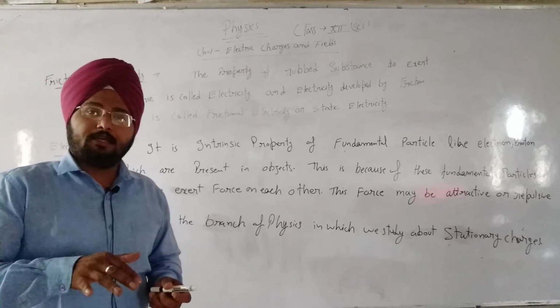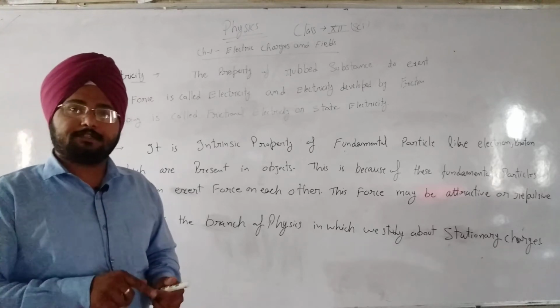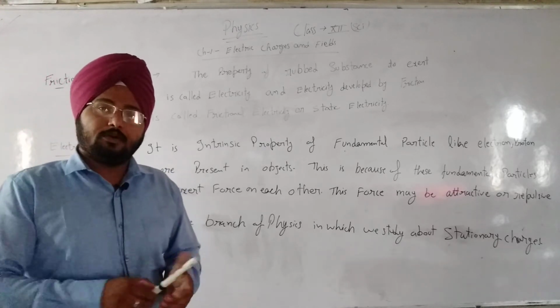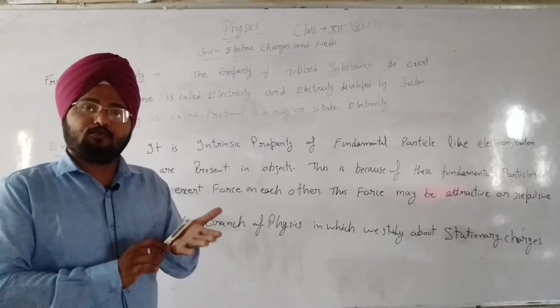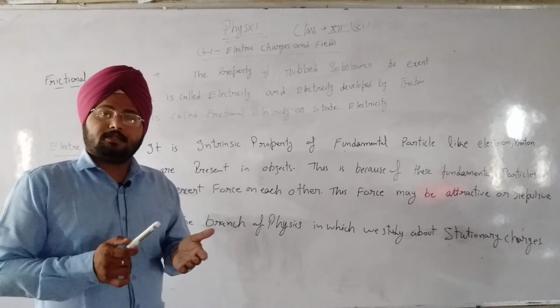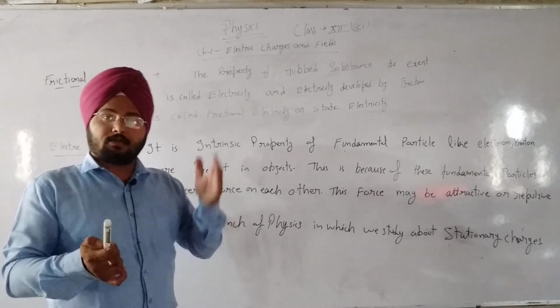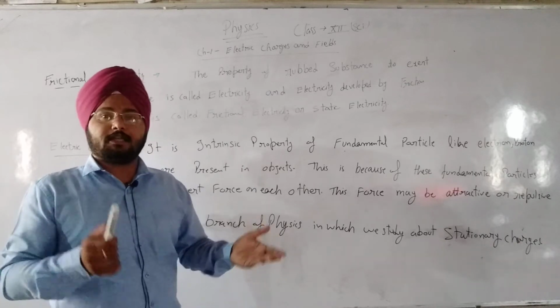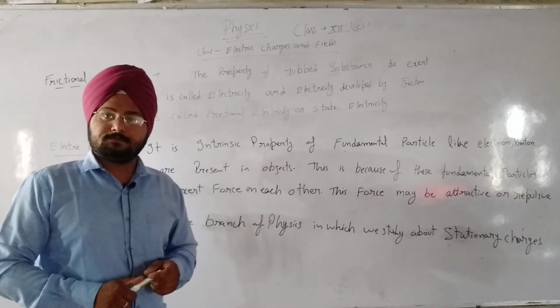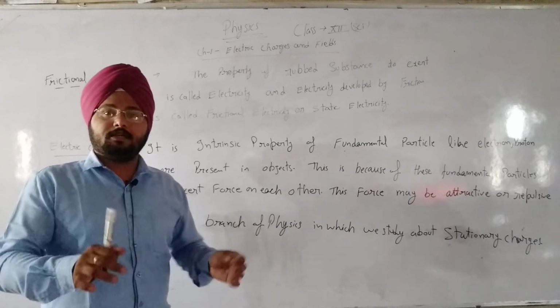The frictional electricity is produced after rubbing. So when we rub the glass with the silk cloth, there must be some property produced in this glass or in this silk that it can exert force. Definitely there will be some property developed in the glass.